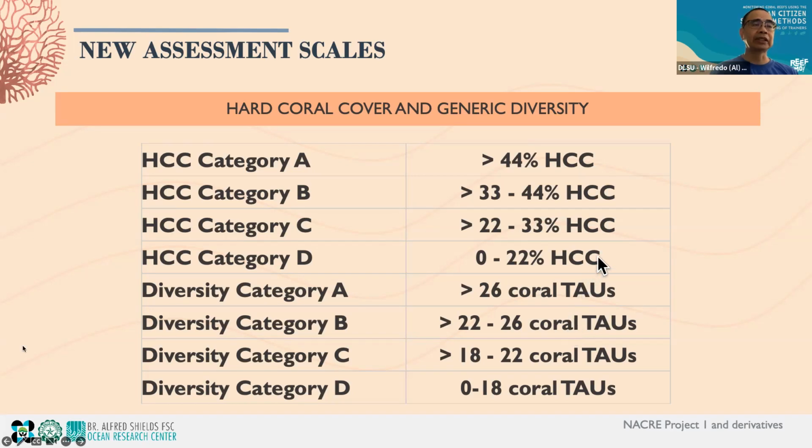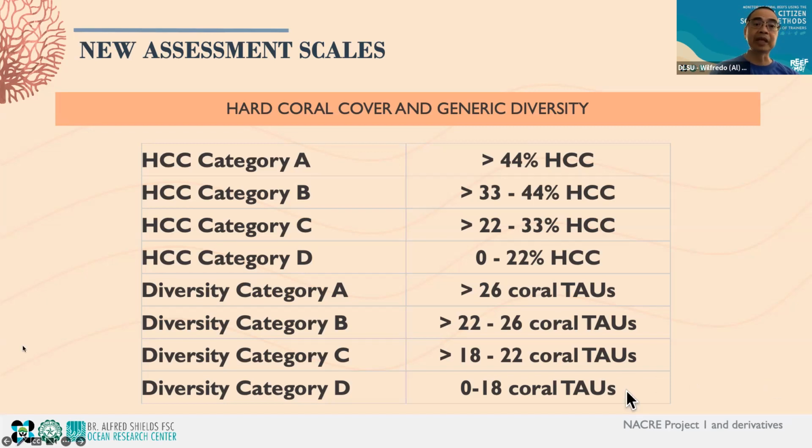We encourage you to look at the cover of hard corals, but also to look at the variety of corals. Because in many places, you may have category A or B hard coral cover, but often those same reefs are category D in terms of the number of taxa.